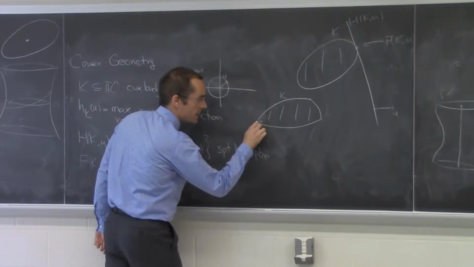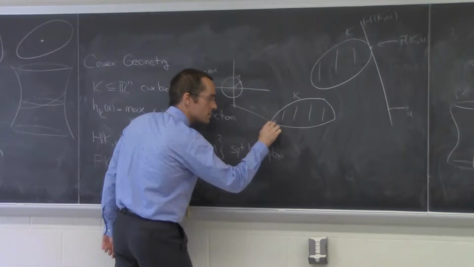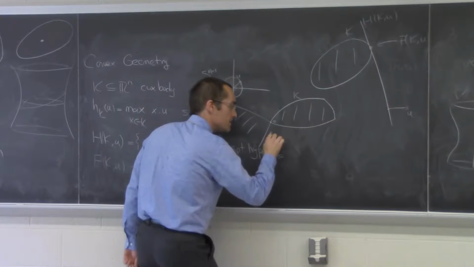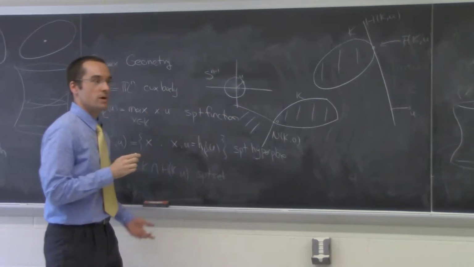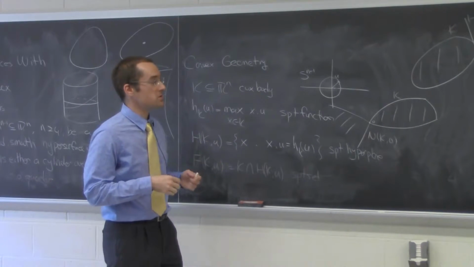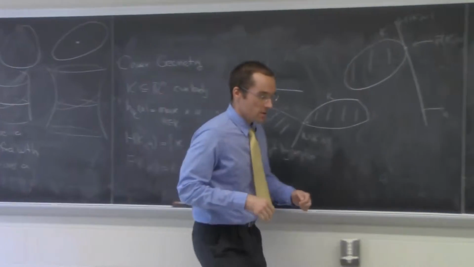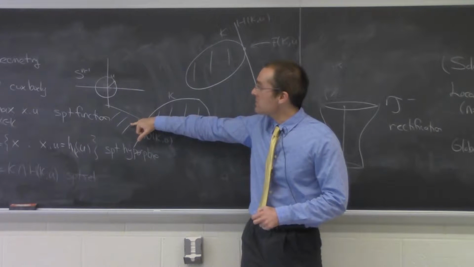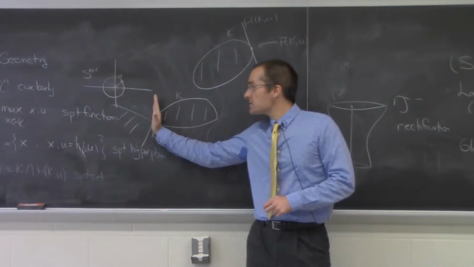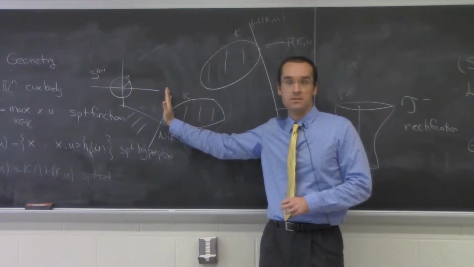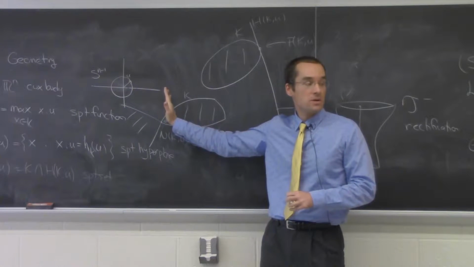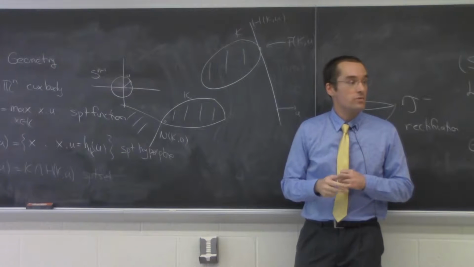And now if you were to look at the normal cone at 0, it is not one-dimensional. So this is not a one-dimensional cone, and therefore for each normal vector here, I have one support hyperplane that supports K at 0. So this is the characterization of smoothness.